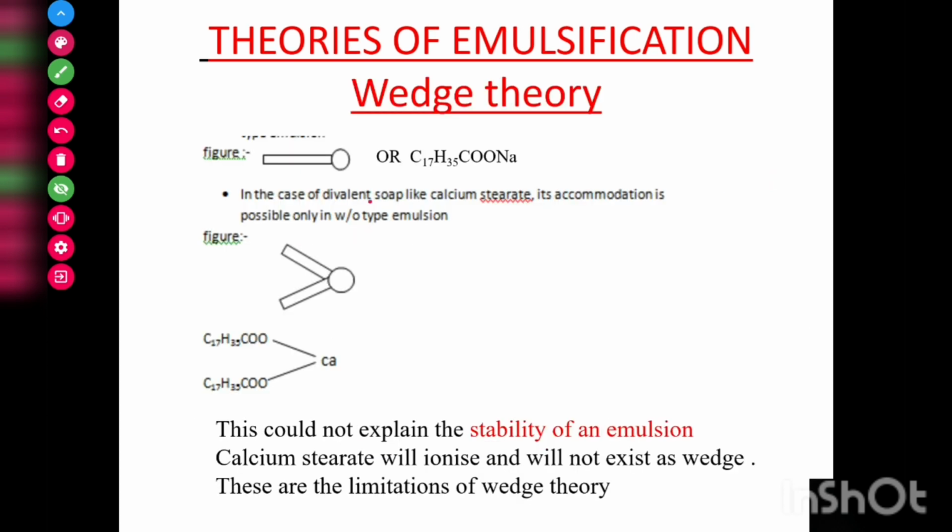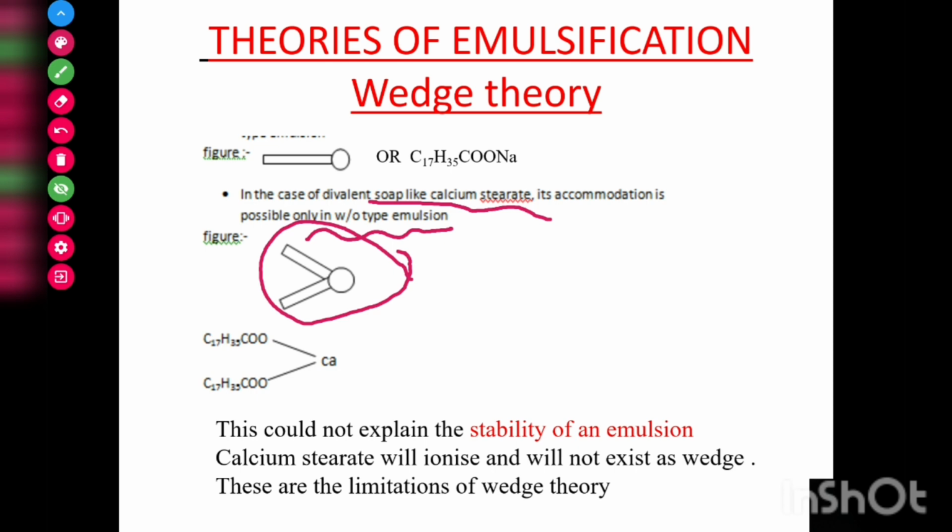Sodium stearate is represented like this and its accommodation is possible only in oil in water type emulsion. In case of divalent soap like calcium stearate, its accommodation is possible only in water in oil type emulsion. So calcium stearate is represented like this. It is a wedge-like picture. And it could not explain the stability of an emulsion.